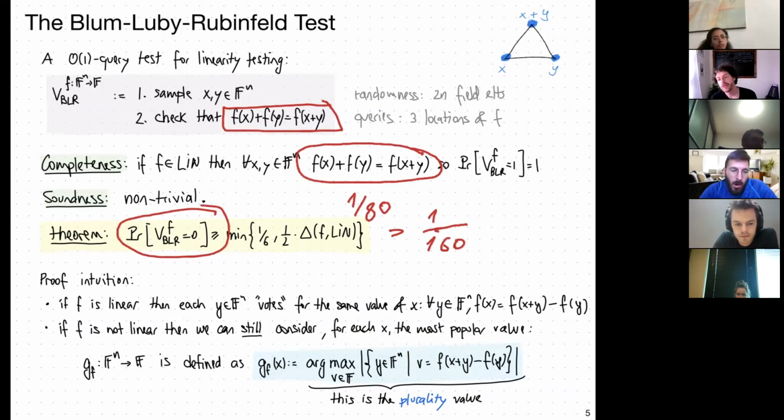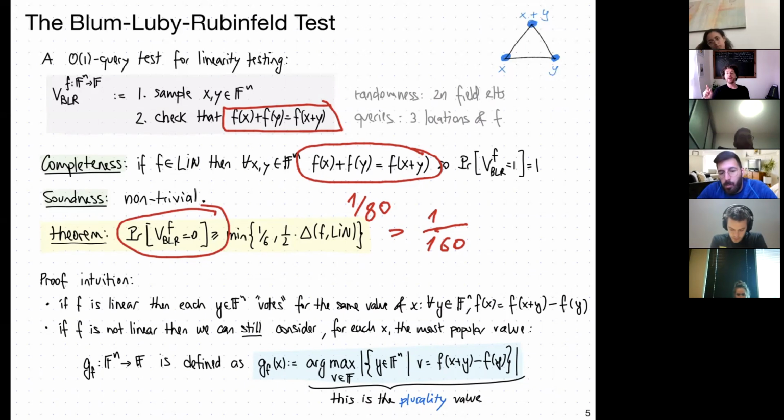And what is this function? You can think about it as a voting scheme. So what does it mean? I want to know what is the value at place x. So I'm doing this local correction according to all possible neighbors y. And I'm checking, out of all of these y's, what is the most common value that I'm getting.